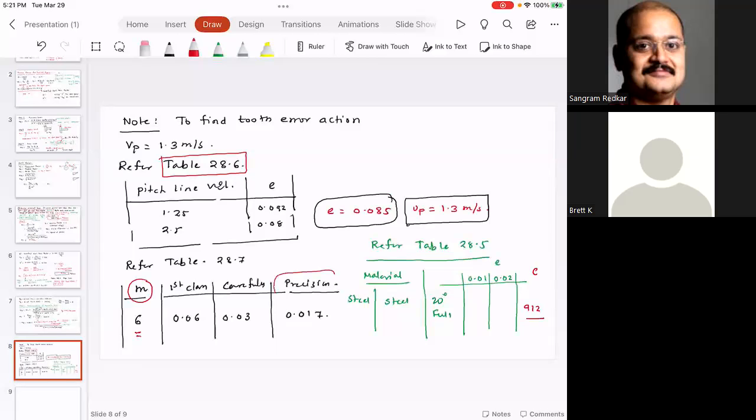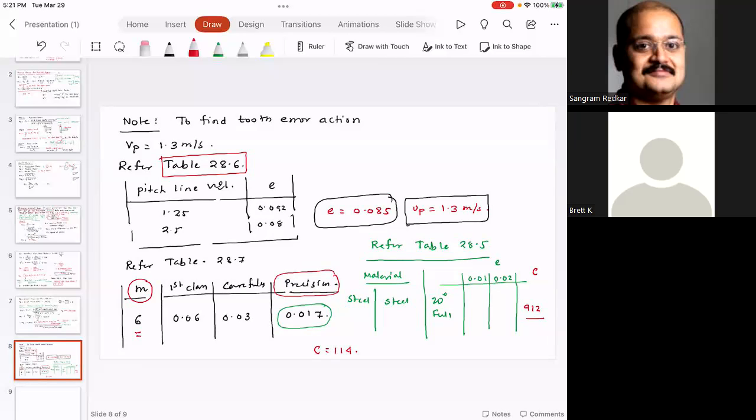So for the precision cut gears, this is going to be my error action, and for 0.017, the value of C is 114. Are you with me so far?